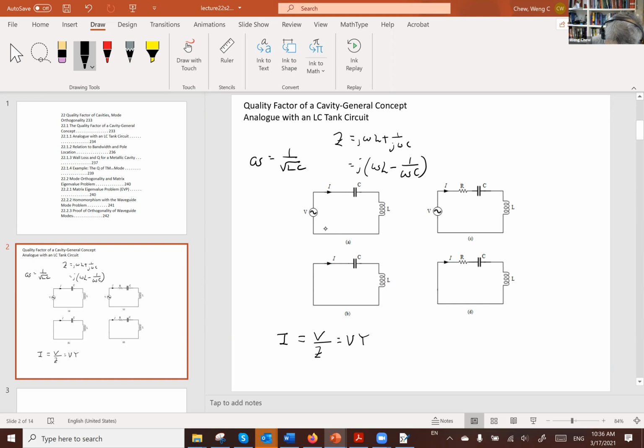When the impedance is 0, the admittance becomes infinitely large, which means that you can have 0 voltage and yet I is not equal to 0, because 0 times infinity is undefined, essentially. Then I can be anything that you choose, and yet there is a solution to this equation.